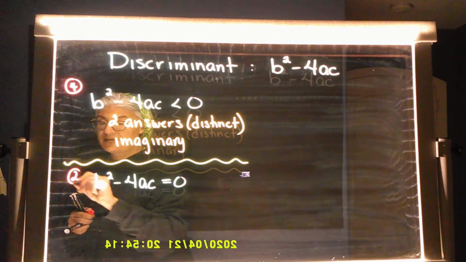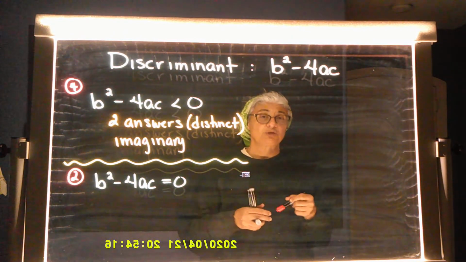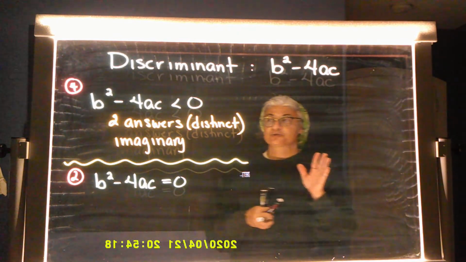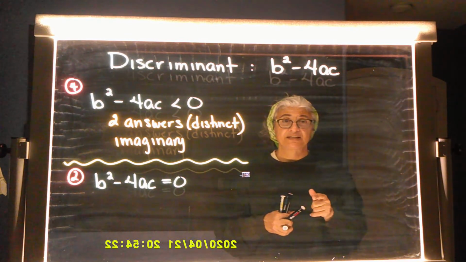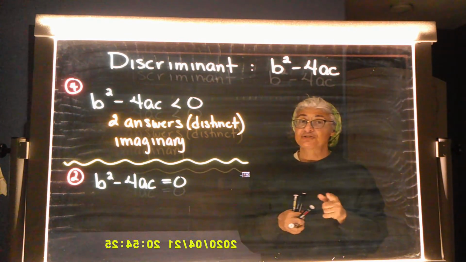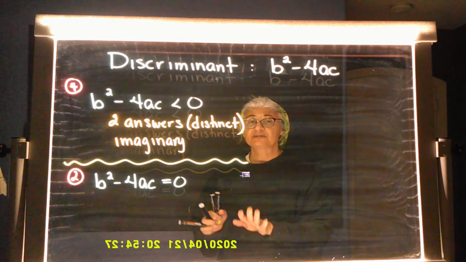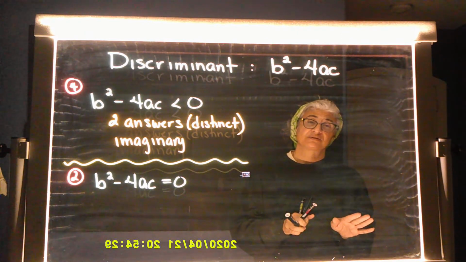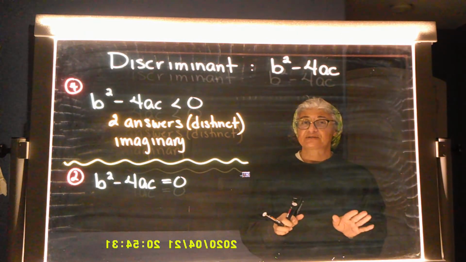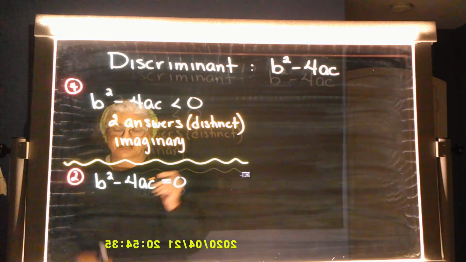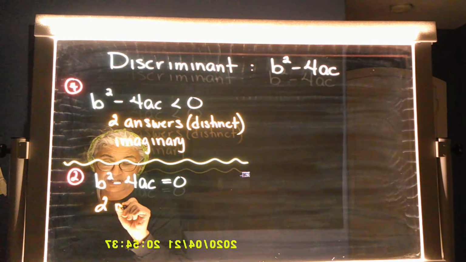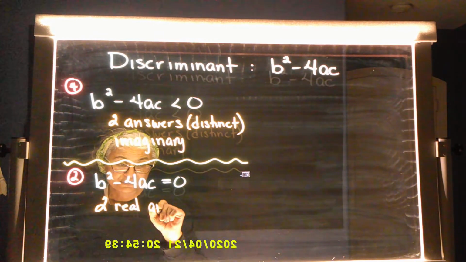Problem number 2 had the number under the square root being equal to 0. Okay, so help me out. How many answers did I get? Yes, I still got 2 answers. Were they real answers or were they imaginary answers? Yeah, they were real answers. There was no i in them, so they were real answers. So I still got 2 real answers.